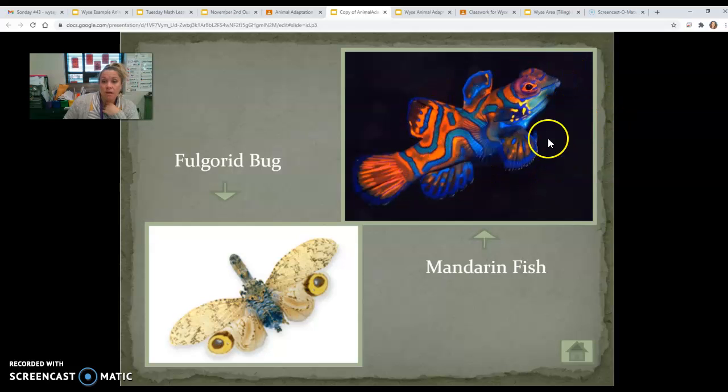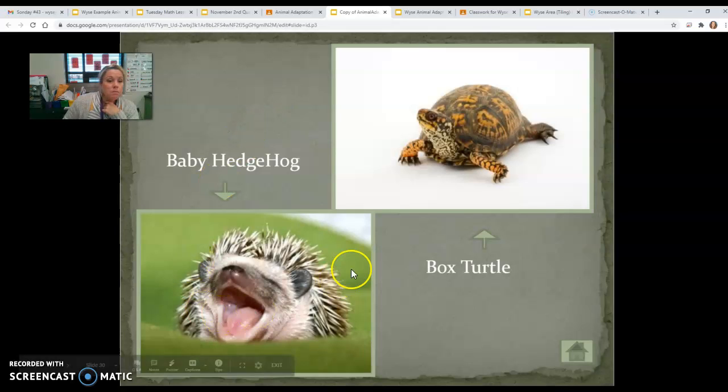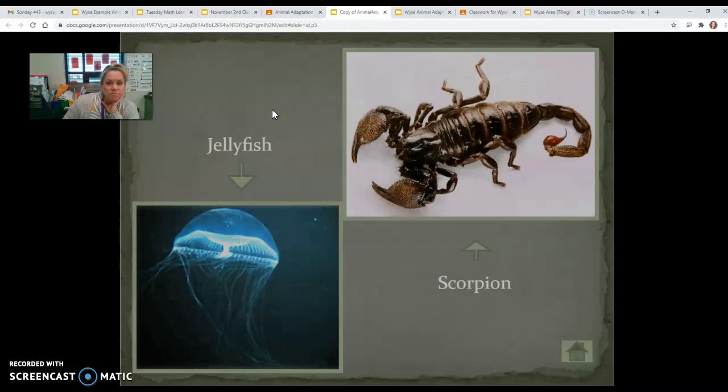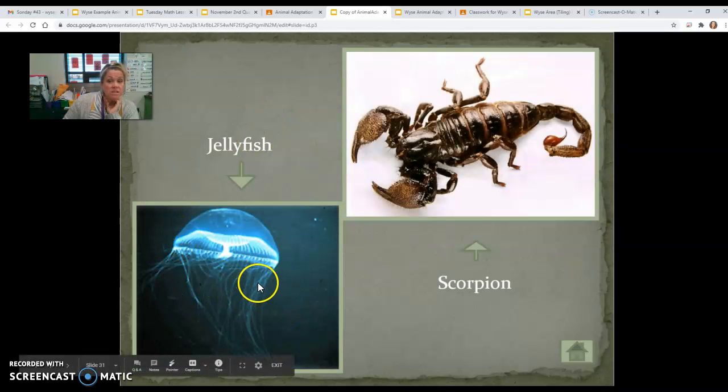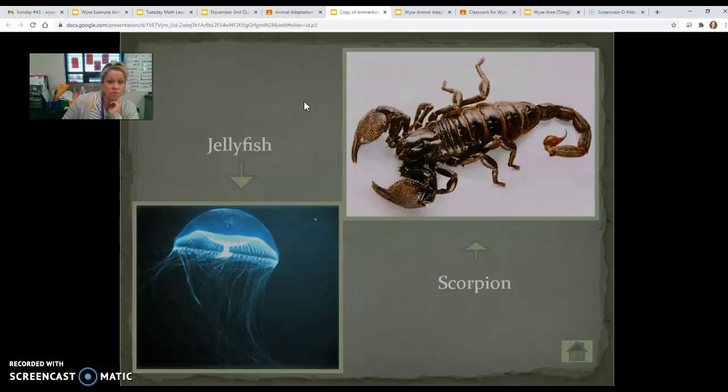Okay, and then this mandarin fish, that's super cool. It makes itself look kind of dangerous and poisonous, like stay away from me. The baby hedgehog has those quills that stick out and are pointy. And then the box turtle has the hard shell. A jellyfish has the stingers, and so does the scorpion, this thing right here. Wouldn't want to run into either of those two.